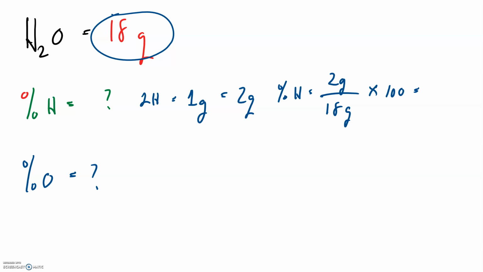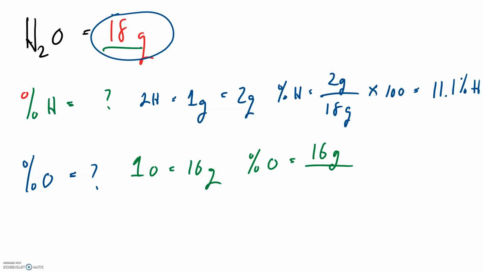If we do that, we get 11.1% hydrogen. Let's do the same thing with our oxygen. We have 1 oxygen and it is 16 grams. So what percentage of our total mass of 18 is oxygen?